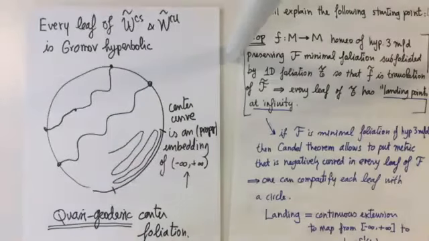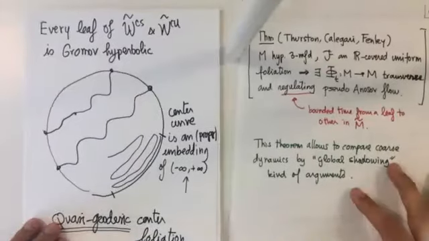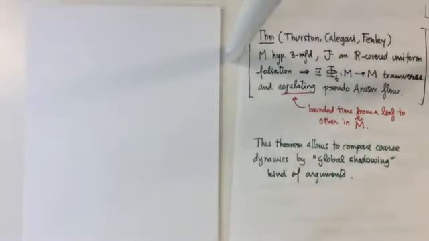And so what do I mean by using the transverse geometry? I mean using this theorem due to Thurston and then improved by Calegari and Fenley, which tells you that whenever you have an R-covered uniform foliation, which is the setting we're in, so the leaf spaces are R and the pairs of leaves are bounded distance from each other, then there's a pseudo-Anosov flow in the manifold that is transverse and regulating for the foliation.